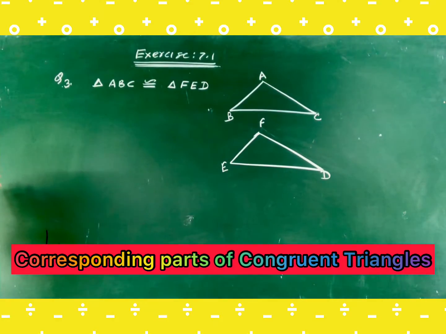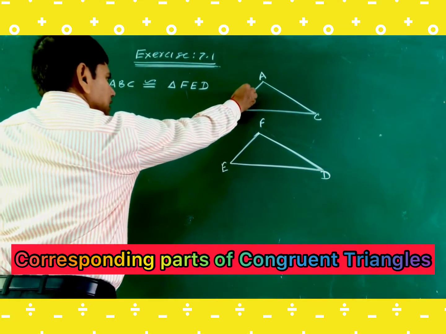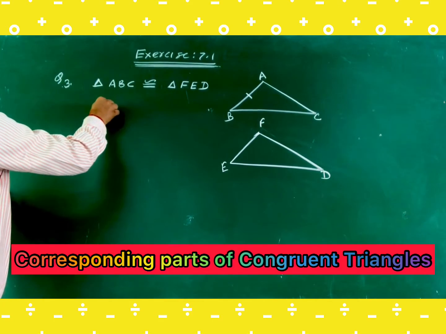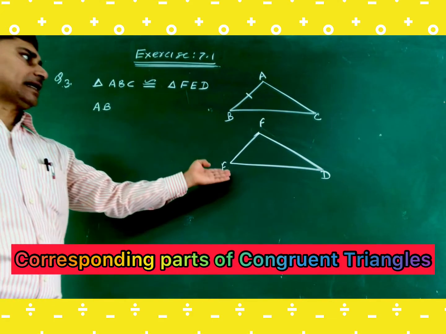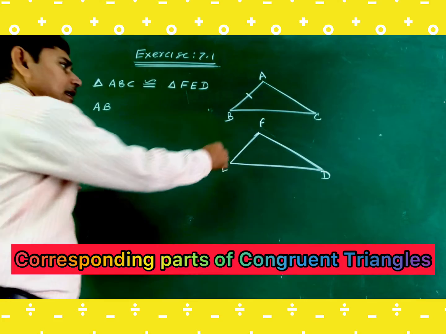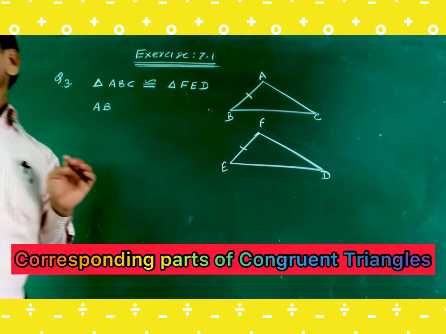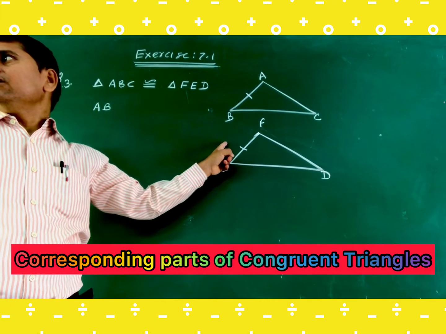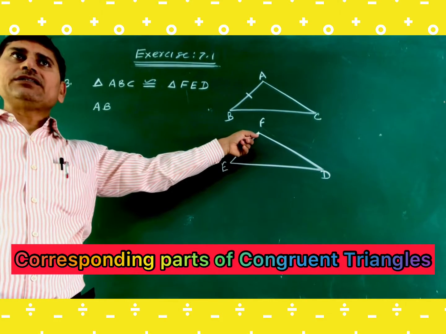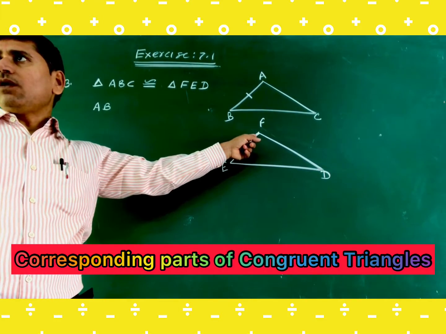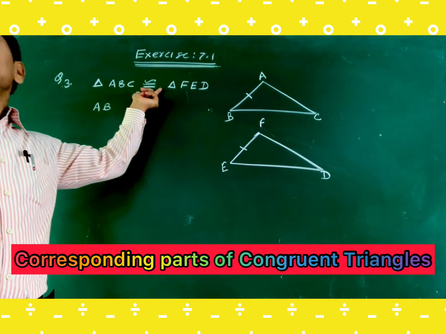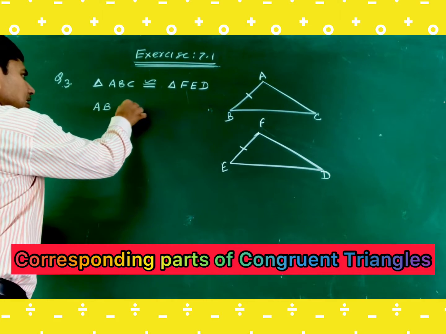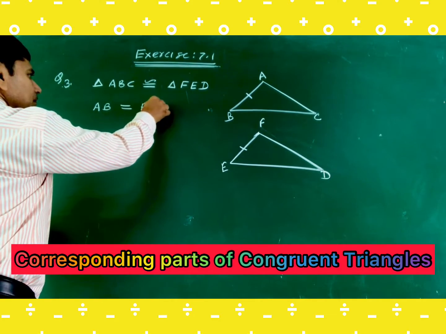This is side number 1, AB, and the corresponding side of the second triangle is FE. Clear? AB and FE. These are corresponding sides, always equal if these two triangles are congruent.